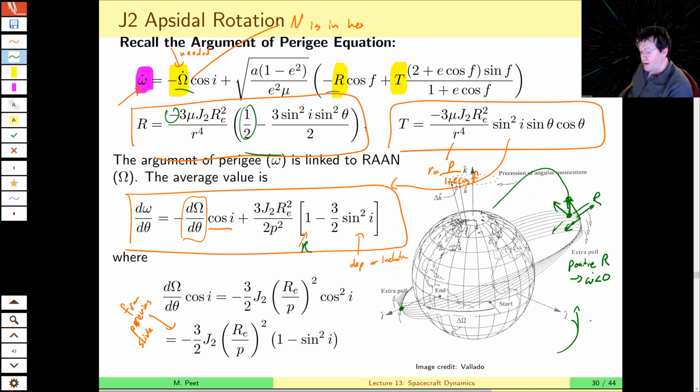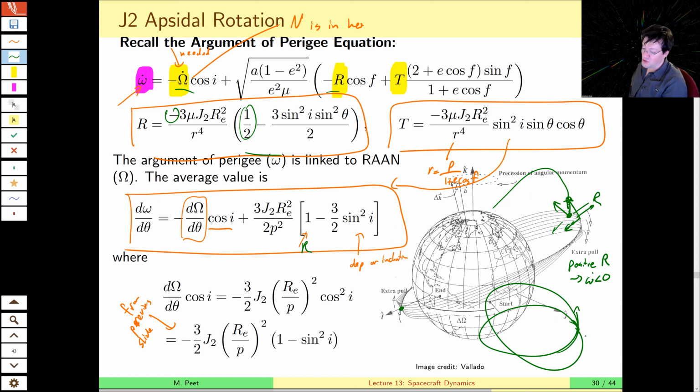Of course, that'll be canceled at the other side, but if you're giving a little bit of extra push, remember, that's an apogee raising maneuver, and so we would expect that we get to apogee sooner.